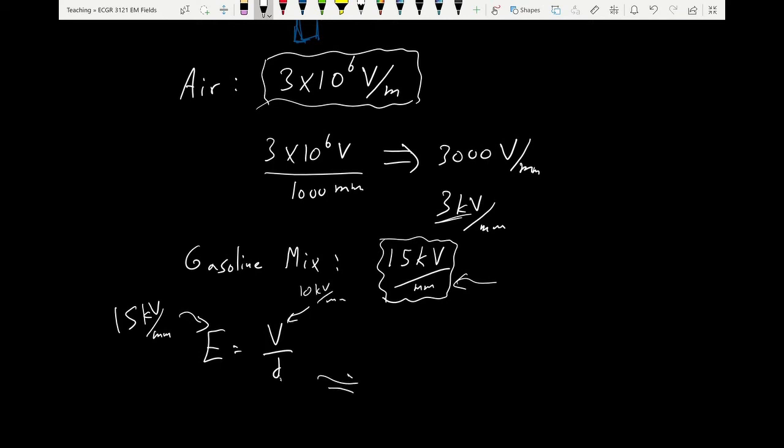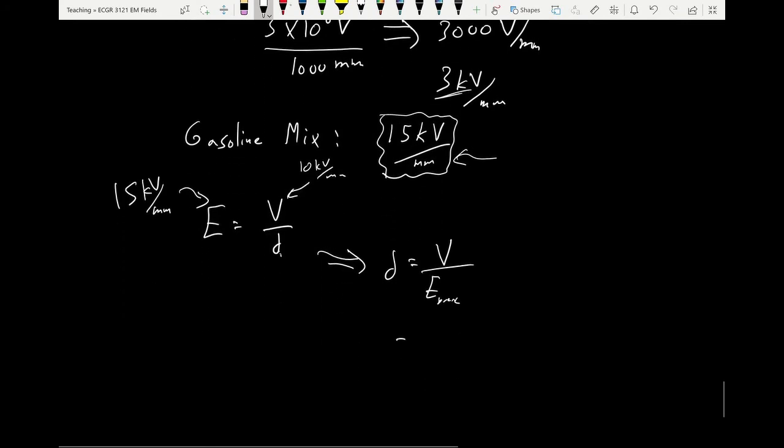And you just simply solve for this. You get D equals V over E breakdown, right? V is 10 kilovolts, what my spark plug is capable of giving me, divided by 15 kilovolts per millimeter.